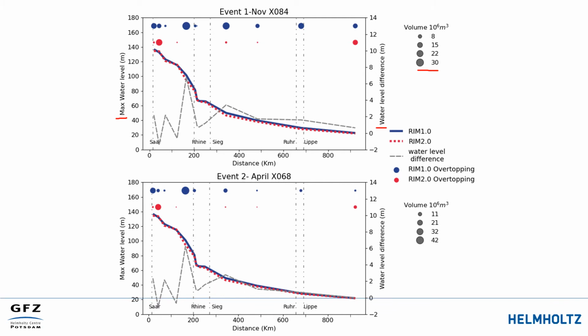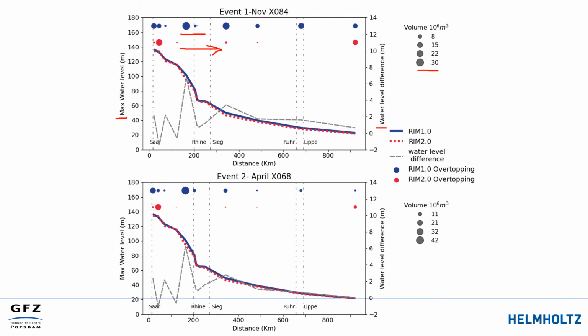We can see that the overtopping by RIM2 gets smaller towards the downstream, while the overtopping by RIM1 is not affected, and that's because of the updated boundary conditions in RIM1 from the rainfall runoff model that does not have the information of the inundation at the upstream part of the river, and that's what the continuous routing in RIM2 considers.